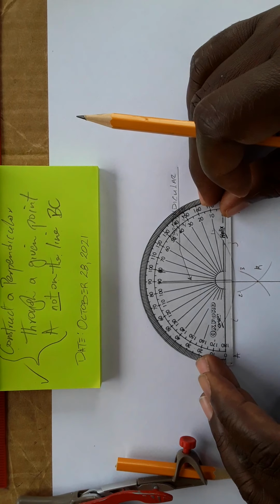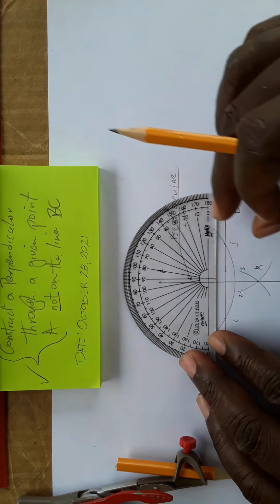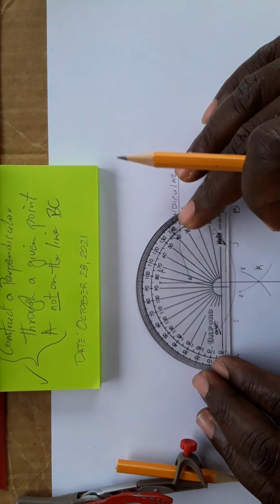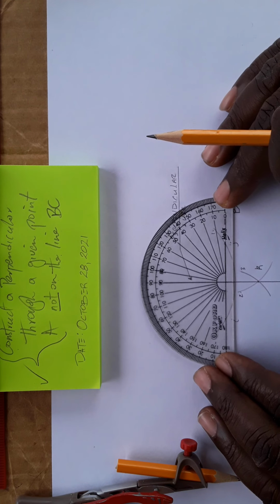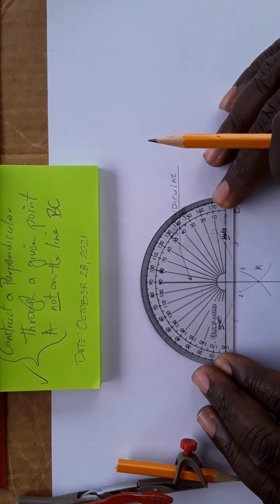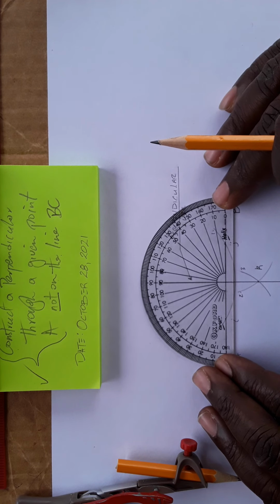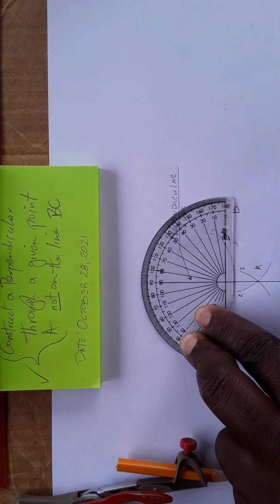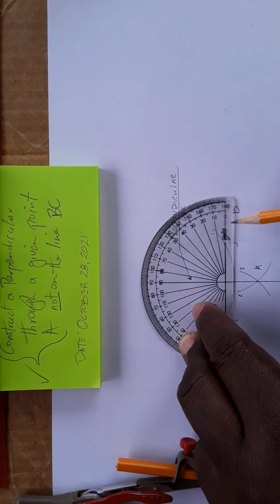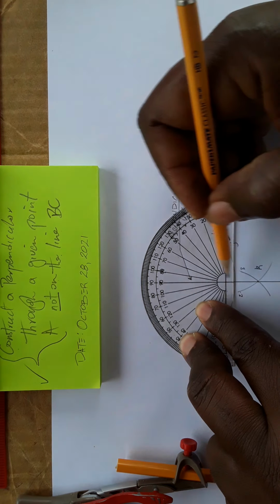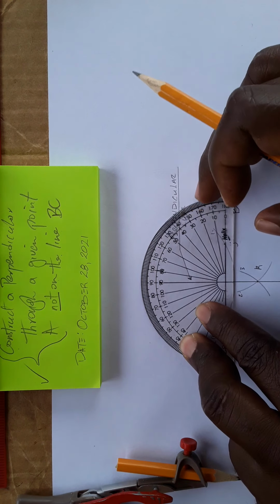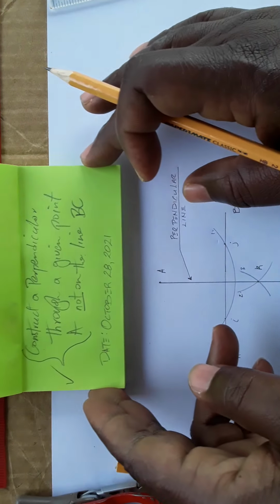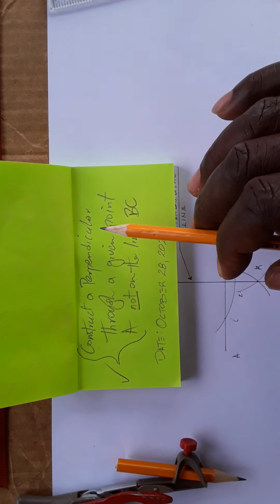So we align the center where the two lines cross each other, and we align the baseline with the line BC. And when you align them properly, if they are within the confines of the 0 degree line, the center of the protractor, and the 90-degree line, then you have successfully completed your construction to satisfy this statement.